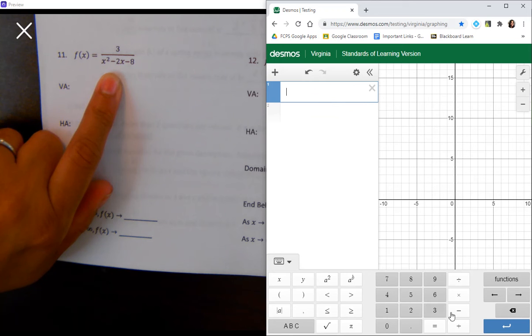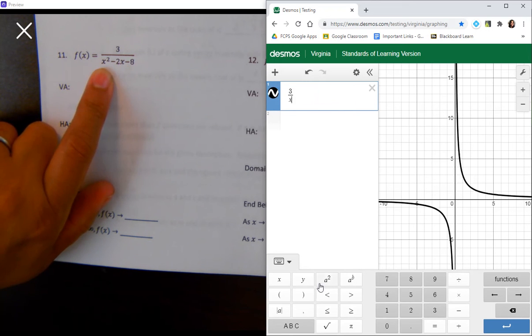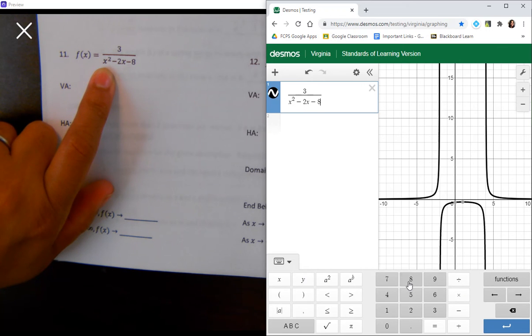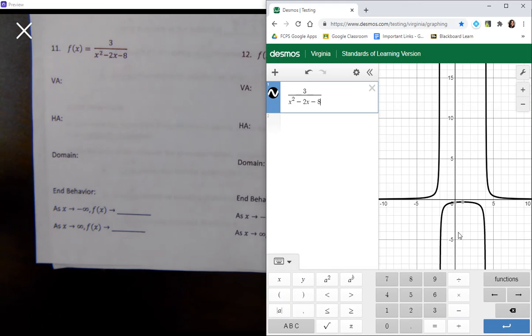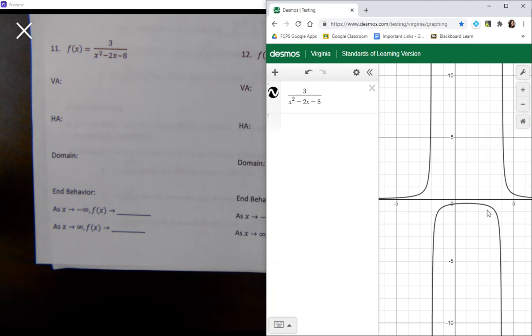So you have here f of x equals 3 over x squared minus 2x minus 8. Okay, so let's look at the vertical asymptote. So there's a vertical asymptote here at x equals -2 and x equals +4.